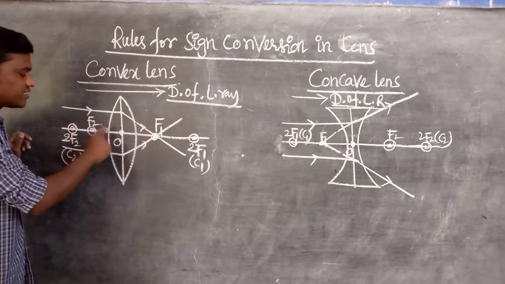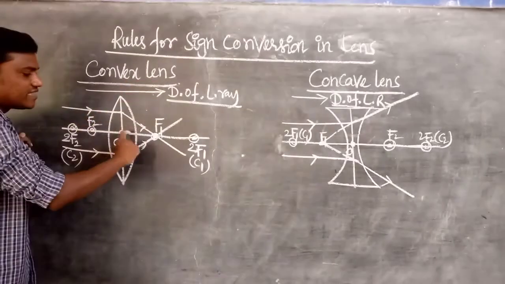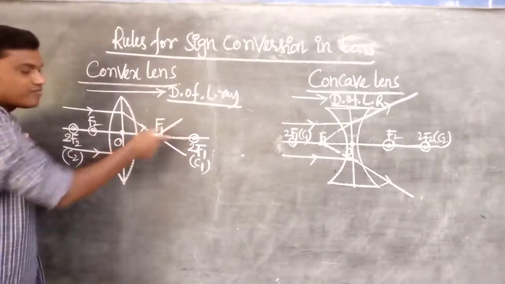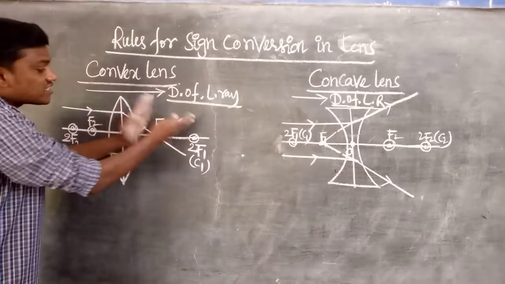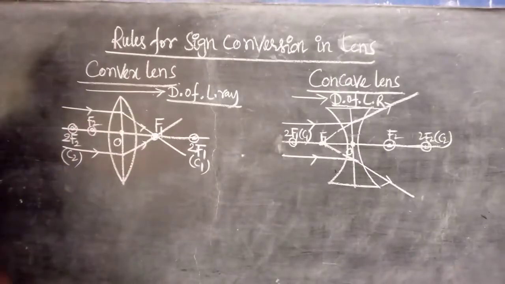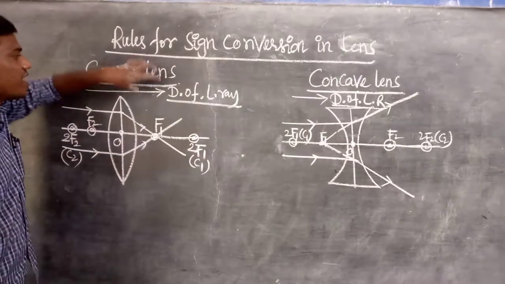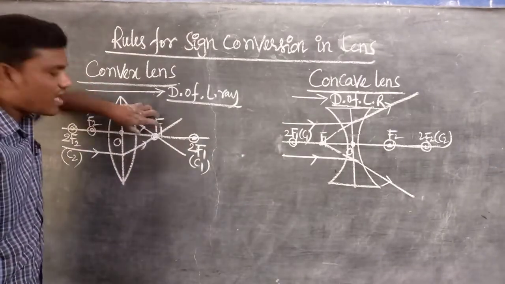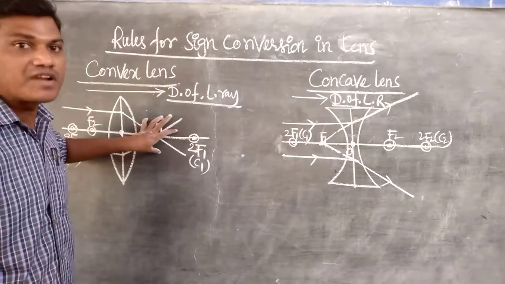In the case of a convex lens, the rays meet after refraction at the focus point, on the other side, not on the same side as the object. That's why this focus point is considered in the case of a convex lens during the formation of a real image.